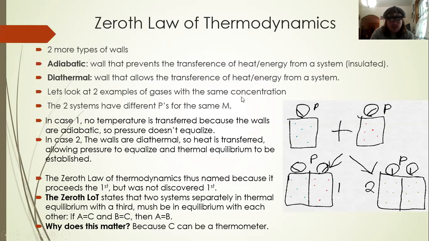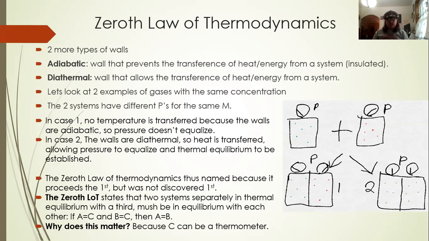So if we look at two examples of gases at the same concentration, if they have different pressures for the same molarity, if I put them together in adiabatic walls, the pressures will not equalize because heat is not allowed to transfer. Put them together, heat is not allowed to transfer, and so they just stay separate, nothing changes.